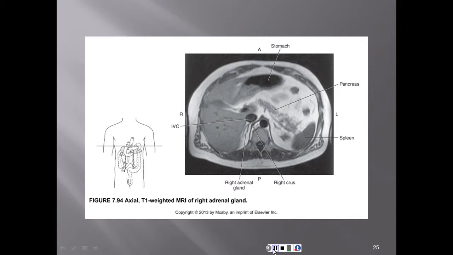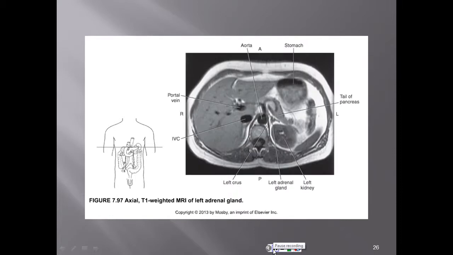This is the function of the adrenal glands. The adrenal cortex produces more than 24 steroids, collectively called adrenocorticosteroids or just corticosteroids.